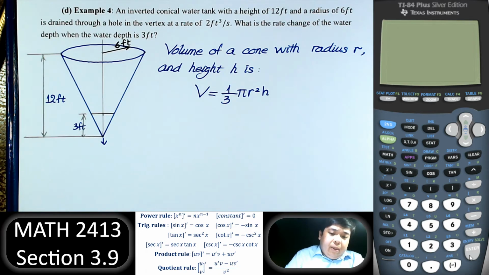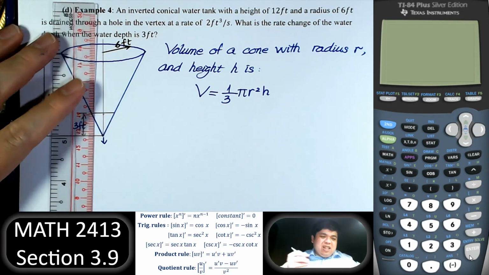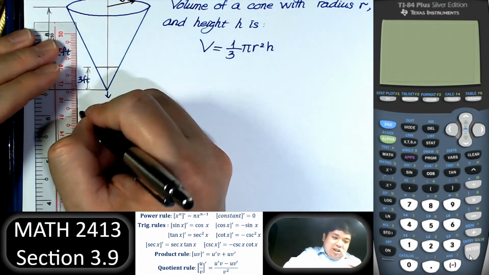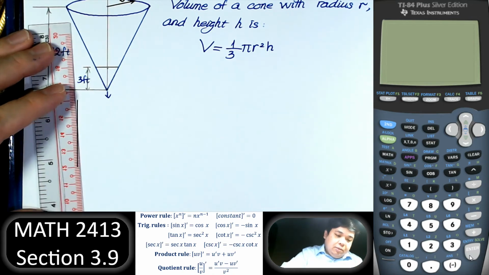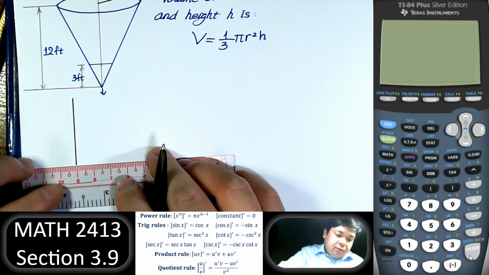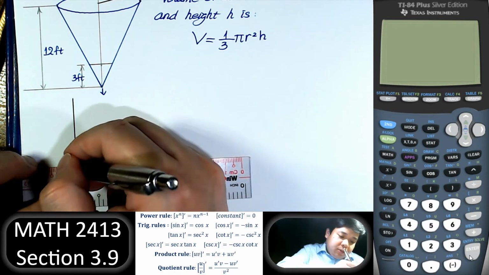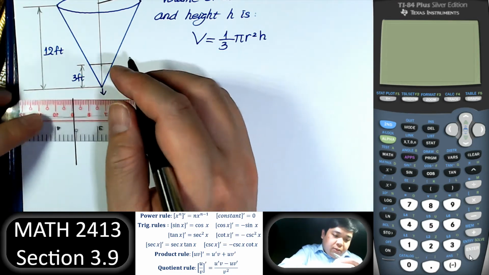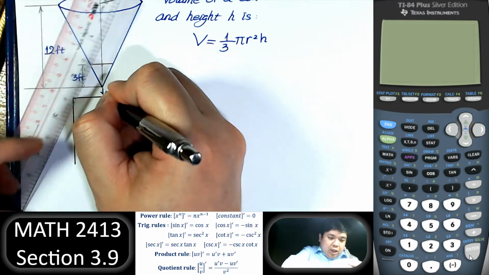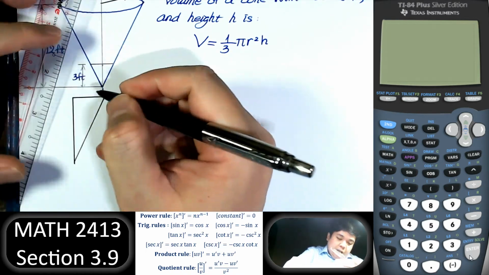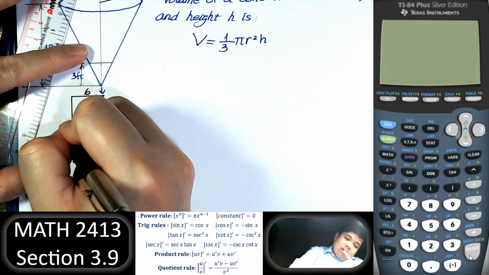Furthermore, if we want to simplify things, because here we have both R and H, because this is a cone, the relation of them is fixed. I'll explain why. So I have a cone like this. Originally this is 6 and this is 12.